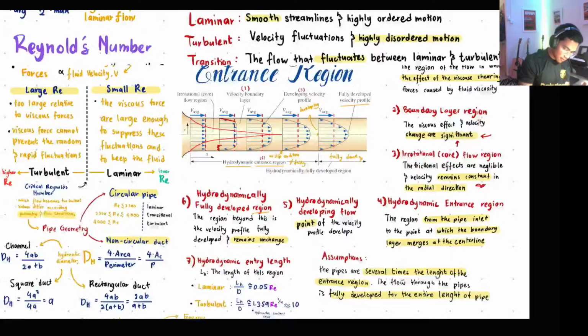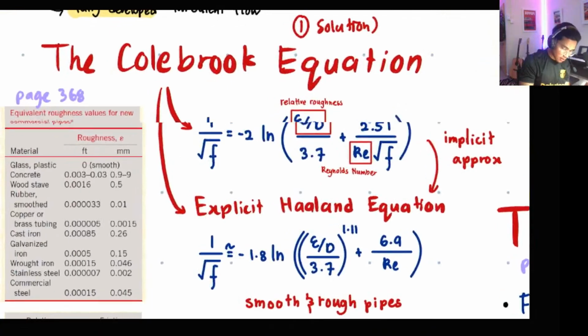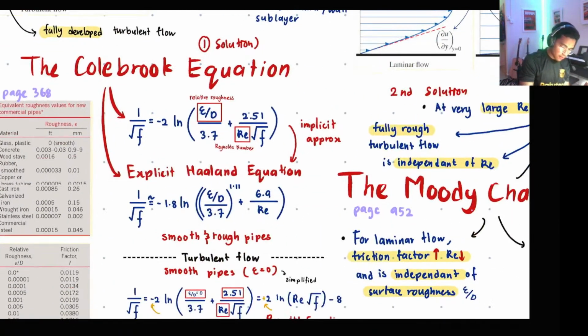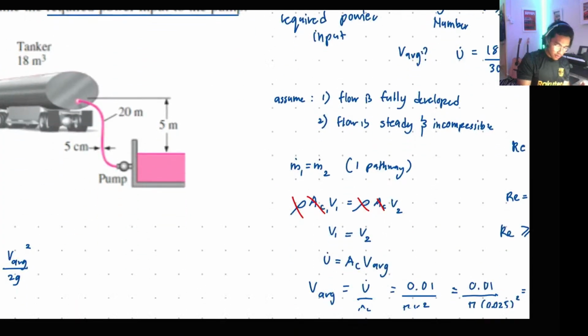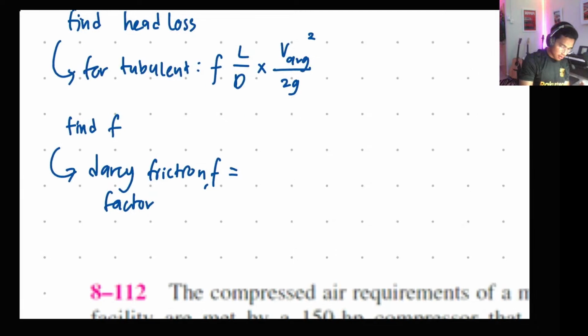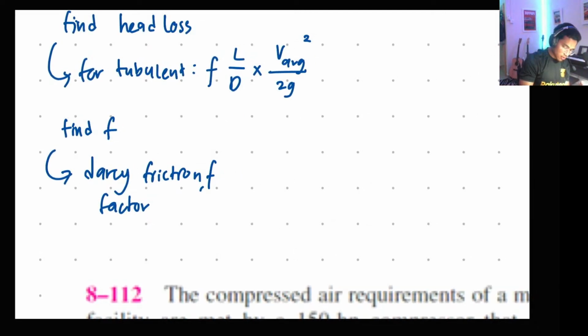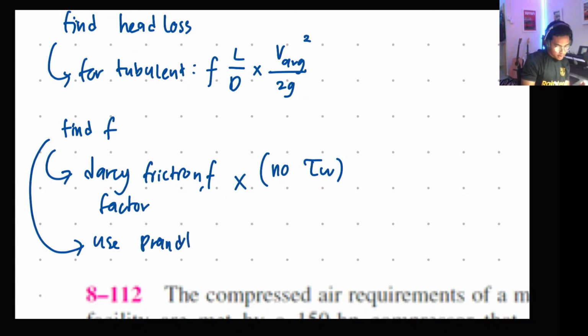Even if we refer here, plastic is smooth. So we use the Prandtl equation. Oh, thank God we're using that equation. We cannot use the other one, we don't know the wall shear. So now use the Prandtl equation because it is smooth. Why smooth? Because epsilon equals 0.